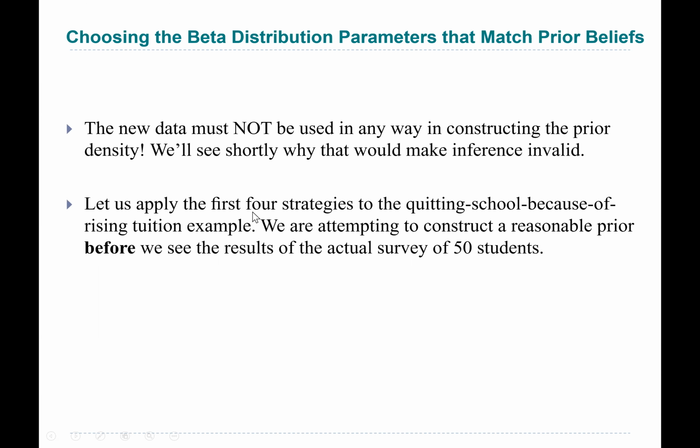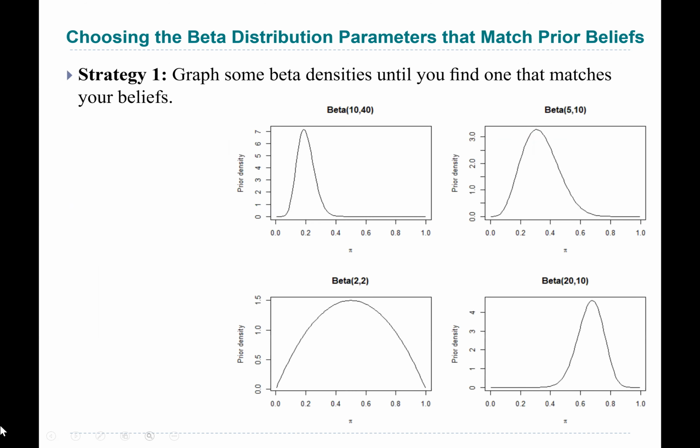Let us apply the first four strategies to our motivating example, assuming we selected a sample of 50 students. The first strategy is to graph many of the beta distributions, like beta 10, 40, beta 10, 5, beta alpha 20, beta 10, and beta alpha 2, beta 2.